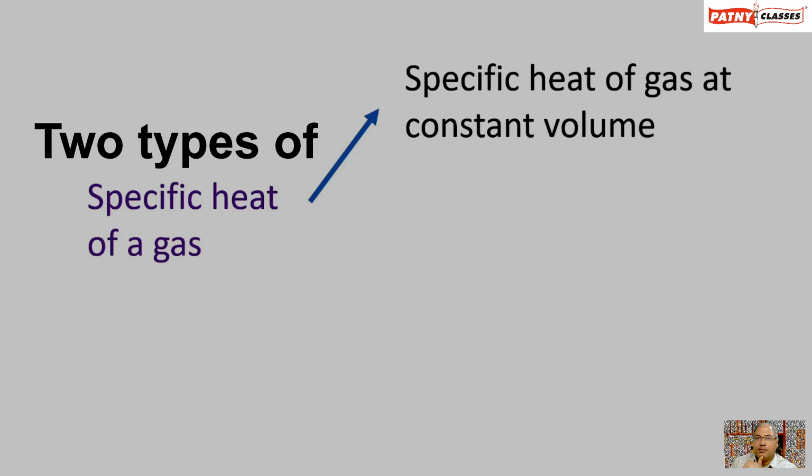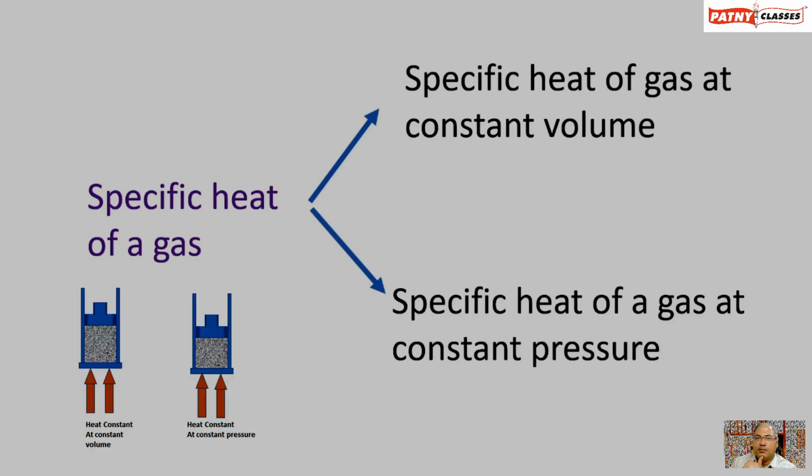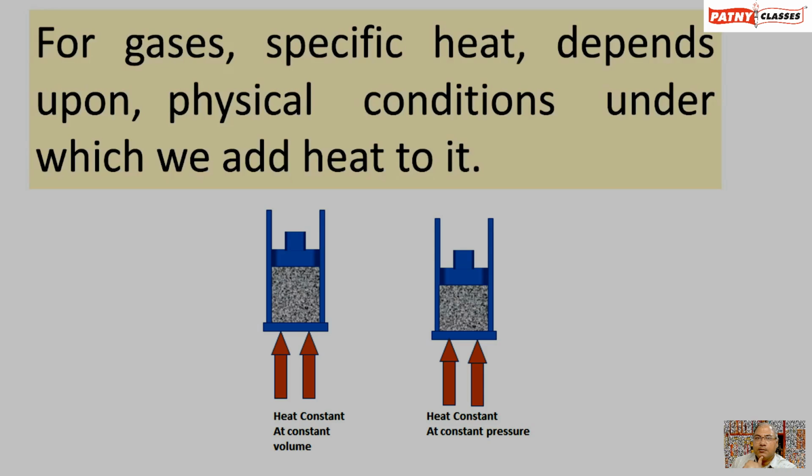One is the specific heat of a gas at constant volume and the other is the specific heat of a gas at constant pressure. Specific heat at constant volume is denoted by Cv, and specific heat at constant pressure is denoted by Cp. For gases, specific heat depends upon the physical conditions under which we add heat to it.